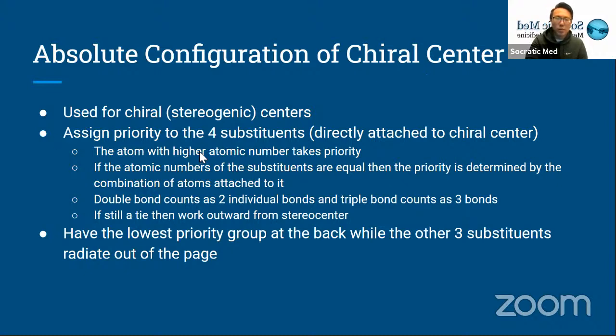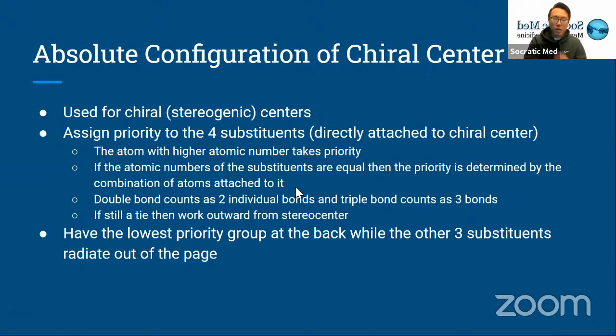When considering priority, you assign the atom connected to the carbon with the highest atomic number the highest priority. Usually the bigger atoms attached directly to the chiral center will be given higher priority. I usually signify the highest priority as 1, so I would give 1 to the atom with the highest atomic number.